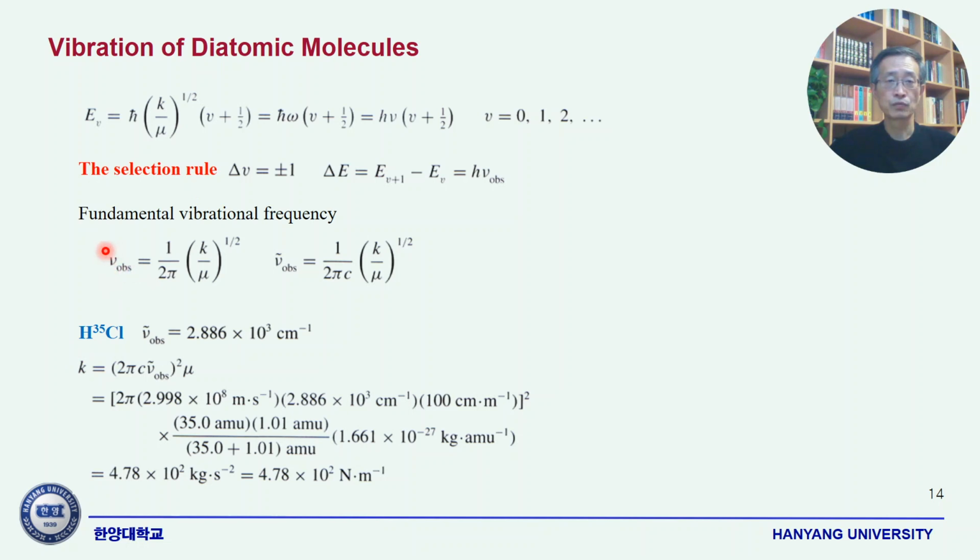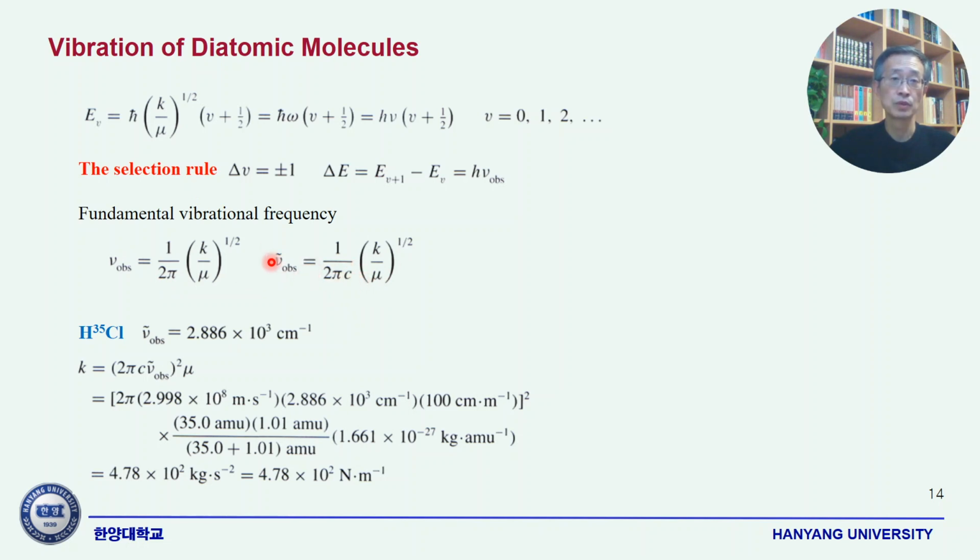The fundamental vibrational frequency observed could be related to 1 over 2 pi times the square root of k over mu, and this is the wave number notation. The wave number is the reciprocal of wavelength, which is just this divided by the speed of light.